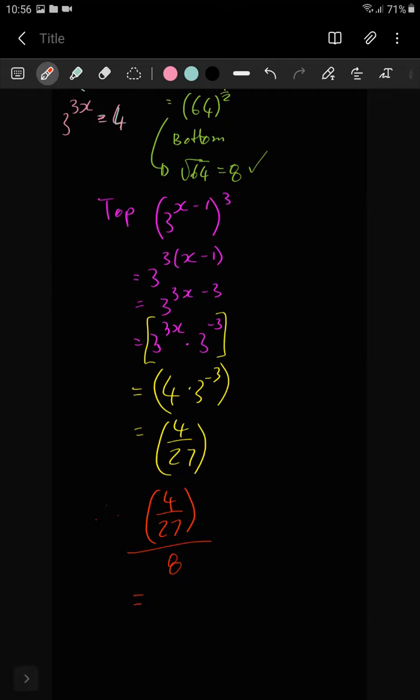Okay, cool. So it's 0,01. Well, 0,02 actually. As a fraction, what is it? As a fraction, it's 1 over 54. 1 over 54. Yeah, I think that one is better. There we go.